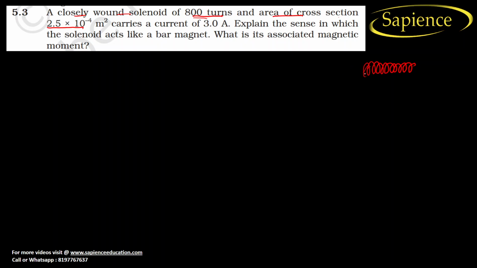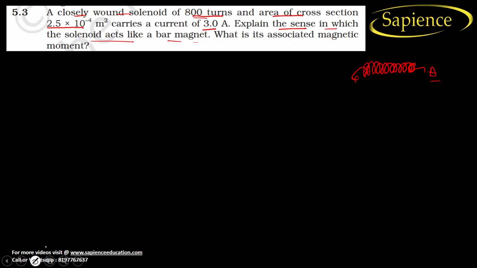Which area are we talking about? This area, the area of the cross section. It carries a current of 3 ampere. So each wire is carrying a current of 3 ampere. Explain the sense in which the solenoid acts as a bar magnet.